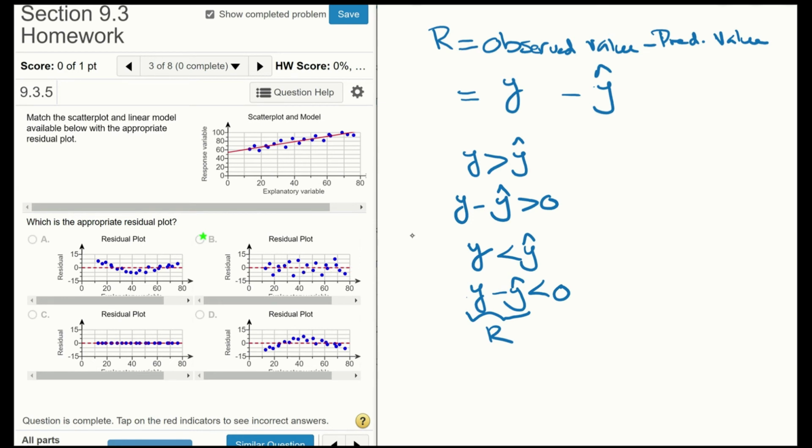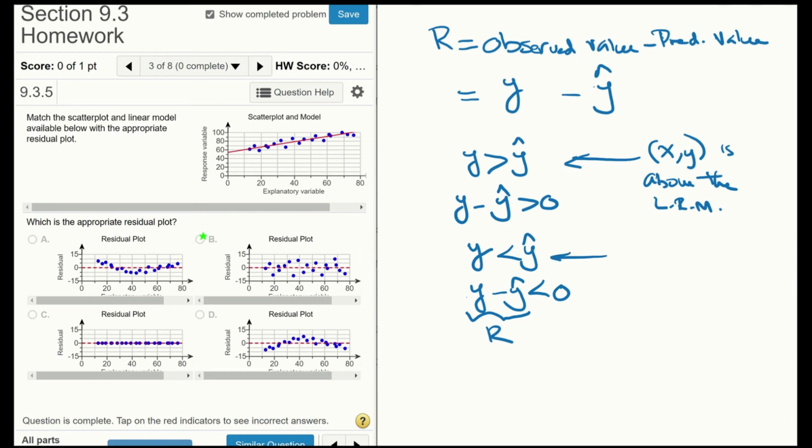So remember, this is the scenario when the ordered pair xy, which is an actual data point, is above the linear regression model.